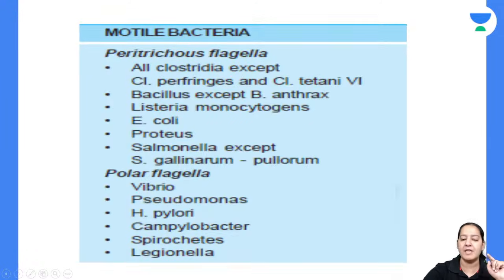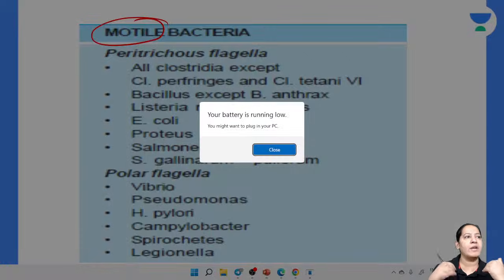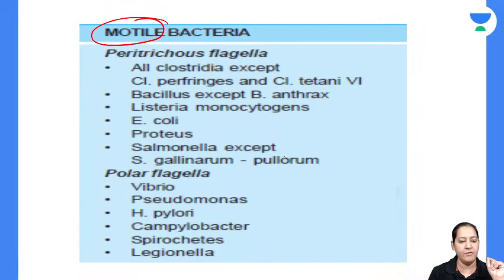The third is coming on the motility. Which bacteria are motile? If you want any bacteria to move, you want a flagella in that bacteria. Flagella are of 2 types, peritrichous flagella and polar flagella. You may be knowing.